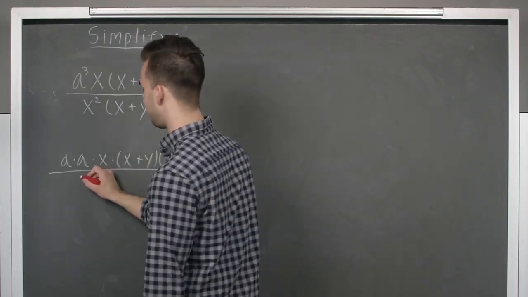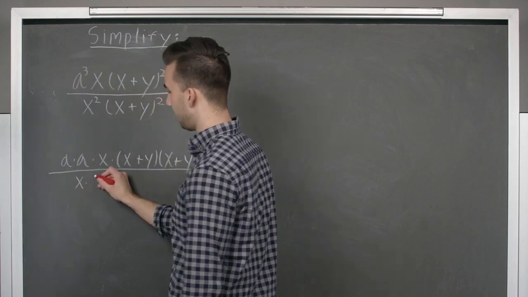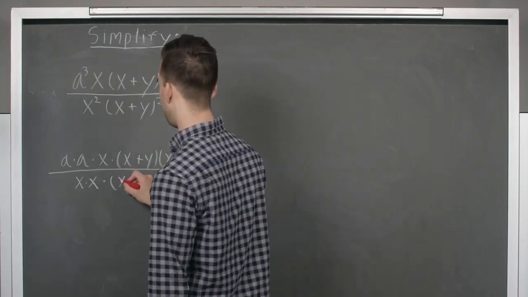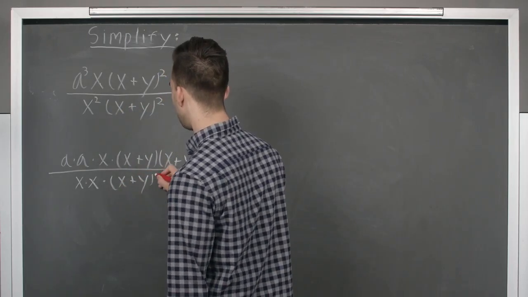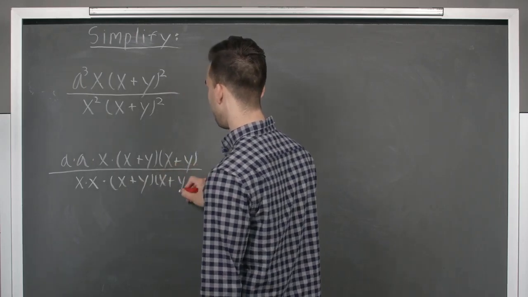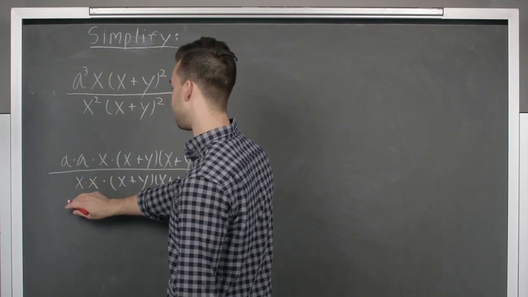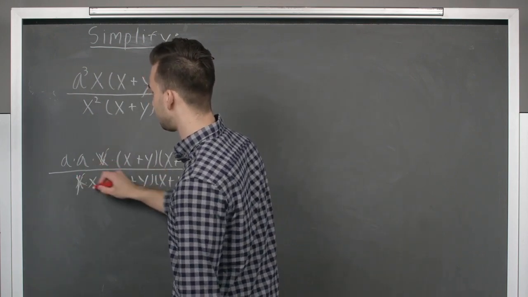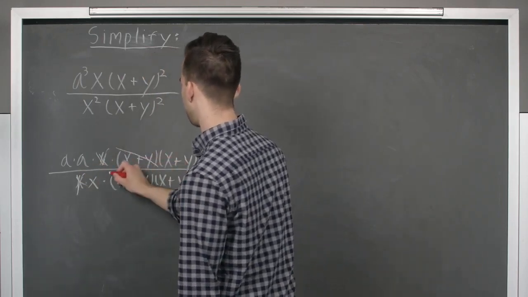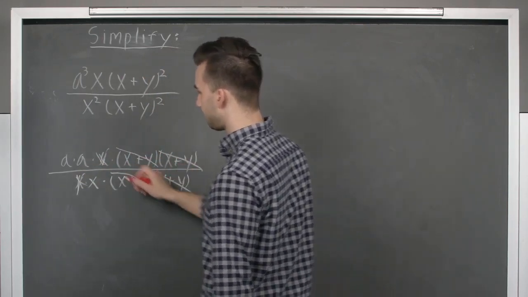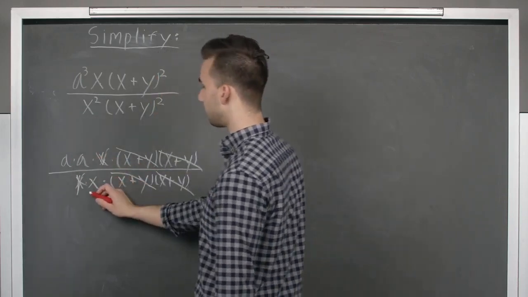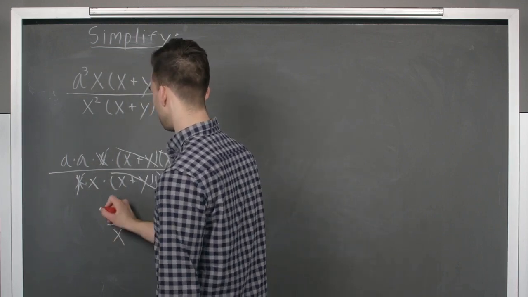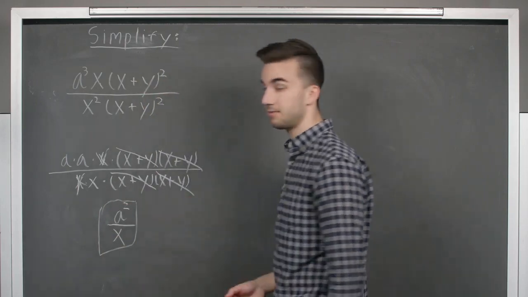And then for the denominator, we have x times our x plus y times x plus y. And so let's just go through and cancel. We have x here, x, and then x plus y and x plus y. So now we're just left with a squared over x. So that's our solution for this example.